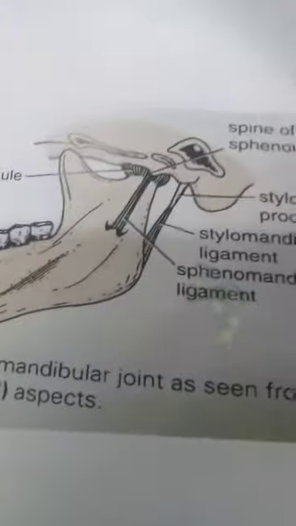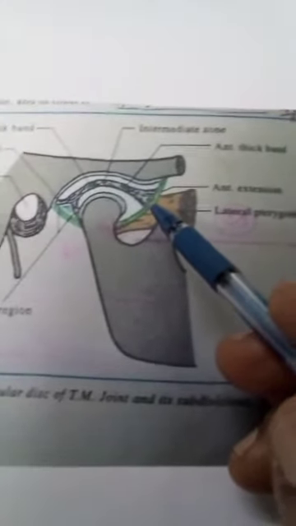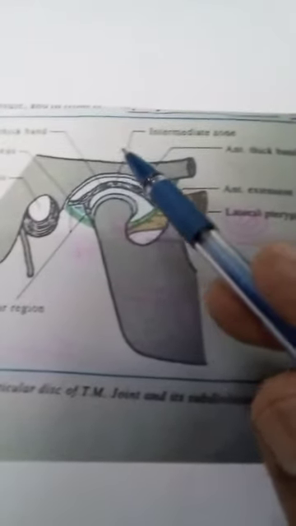Now, let us learn about the capsular ligament. The capsular ligament envelops or surrounds the joint. It is attached above to the articular tubercle in front, squamotympanic fissure behind, and margins of the mandibular fossa in between them.